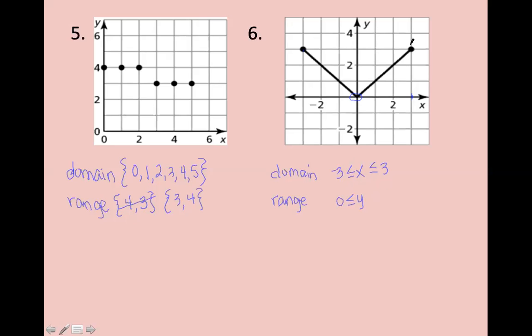And the highest this graph goes, the biggest Y value, looks like, again, 3. Right, so the Y values go between 0 and 3. This biggest point here is the point 3, 3. So that's a Y value of 3. This is the point -3, 3. So again, the greatest Y value is 3. The smallest Y value is right here at the point 0, 0.